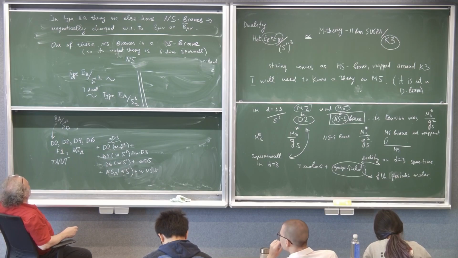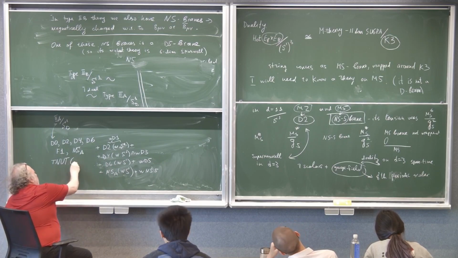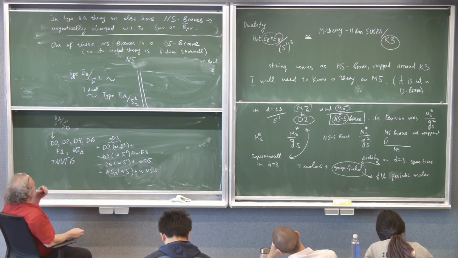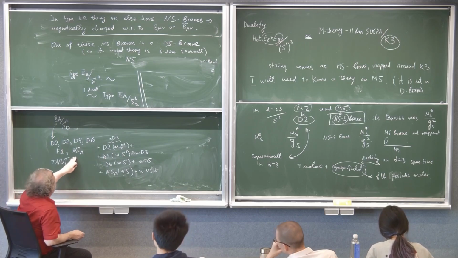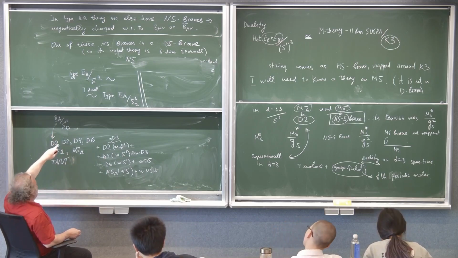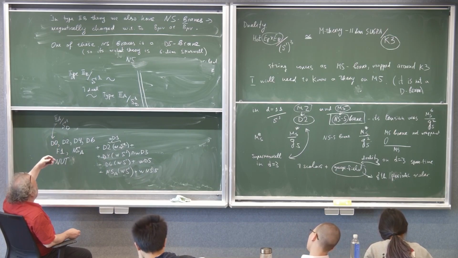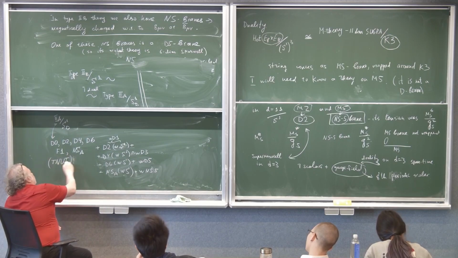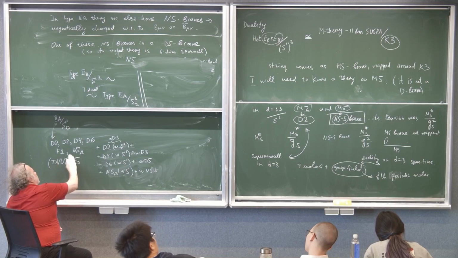And this Taub-NUT would live in dimension, so it seems to be that it is... sorry. So let me see. Type 2A on S1. S1 is there. So dimension goes down by 4. It is Taub-NUT A 5.